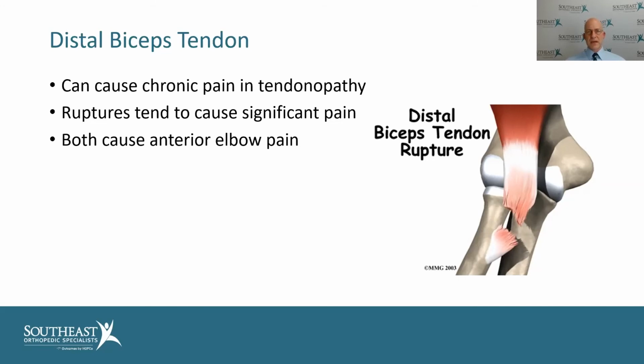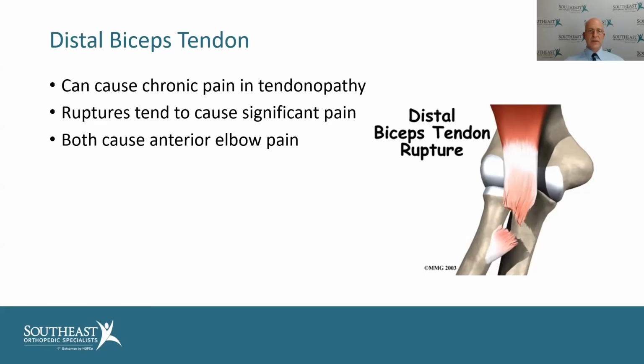The distal biceps tendon can have tendonitis as well as a complete rupture. The complete ruptures are usually quite dramatic, and I'll show pictures of those, nothing too scary, but they're usually quite dramatic and very often sound like a pair of jeans ripping or something popping that the person standing next to you could hear.